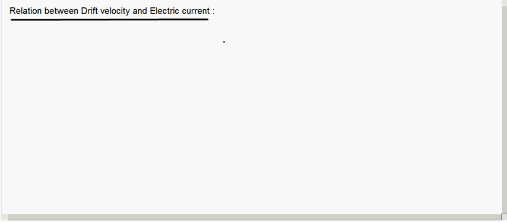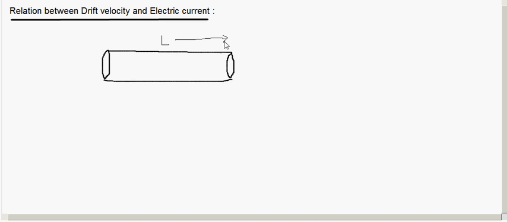Now consider a conducting wire of length capital L. So this is a wire. Let the length of the wire be L, and it has a uniform cross-sectional area A. Let us say an electric field E is present in it.